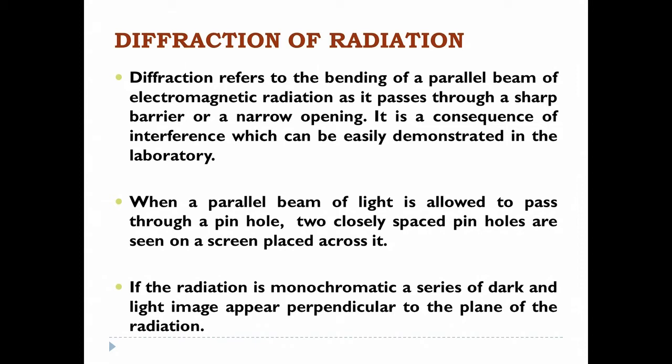It is a consequence of interference which can be easily demonstrated in the laboratory. What I do is I take one parallel beam of light, coming through fingers like this, and then I put a screen in front of that, with a small hole in front of it like this, so that diffraction will occur.